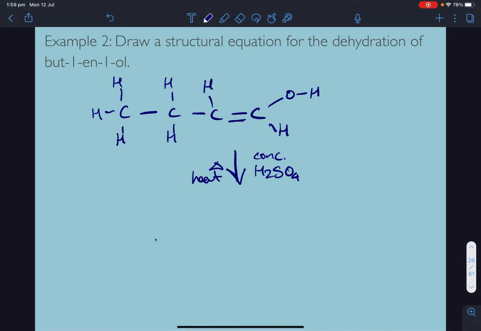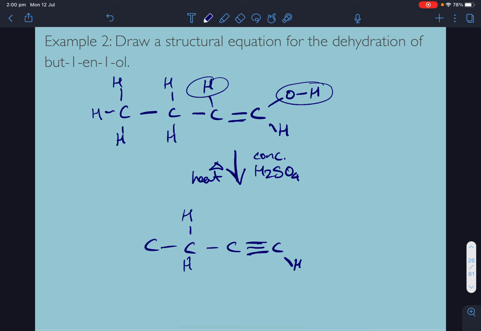Okay, draw the backbone in. We're not changing the backbone. I'm even going to put that double bond in there because we're not going to take that away. We're going to get rid of the OH and a hydrogen from carbon 1. My angle's not good, I'm not showing my proper carbon hydrogen angles. Plus water.